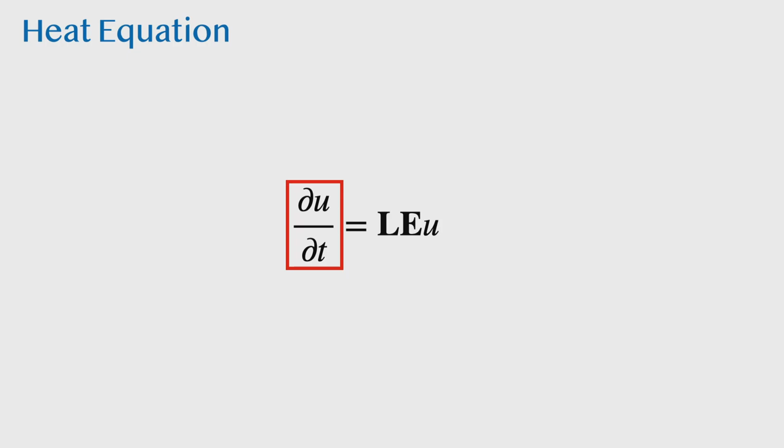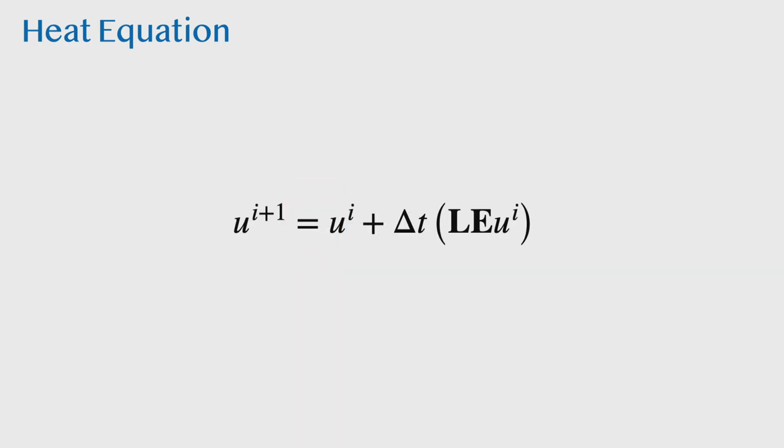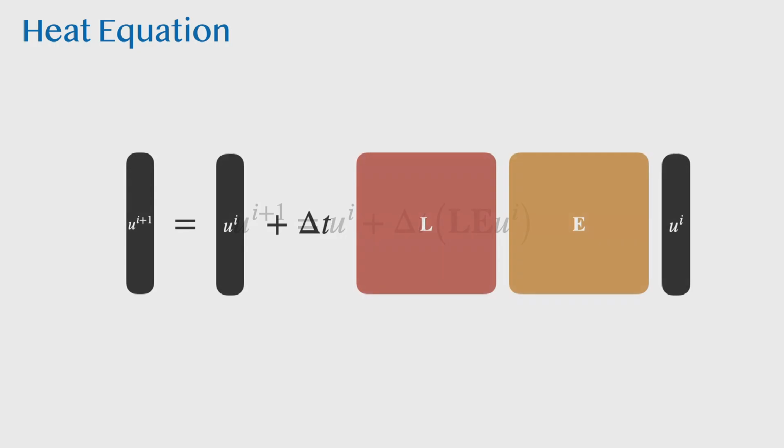I won't review time stepping methods here, but consider if you used explicit Euler time stepping. So your solution at time i plus 1 is just in terms of the solution at i plus your approximation to the Laplace-Beltrami operator scaled by delta t. So pictorially it looks like this, and you're just multiplying matrices and vectors and adding it together to get your new solution at i plus 1.